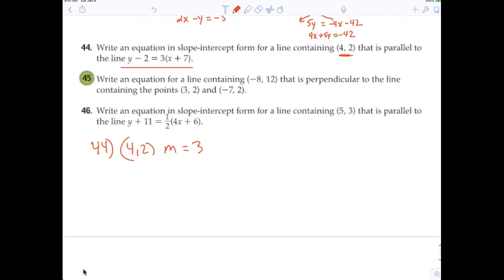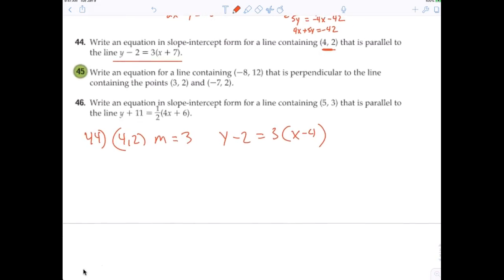So now we're just writing the equation. All right, Virginia, tell me what the equation is. Beautiful. Leia, you have to convert it. We're converting it to slope-intercept.